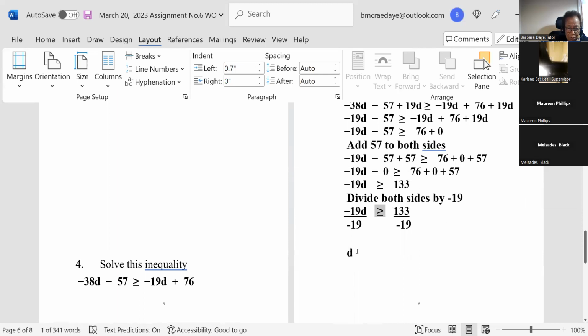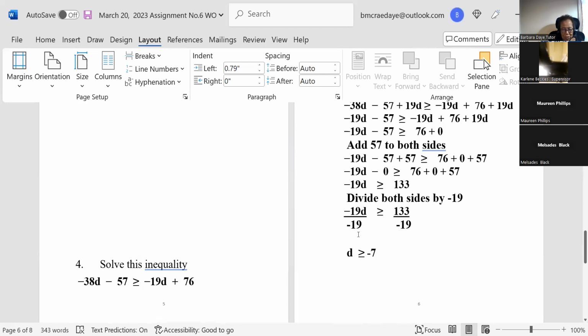And what's 133 divided by minus 19, Mercedes? 7. Plus or minus? Minus. Minus, very good. So that would be a minus 7. But we divided by a negative. So what do we do when we divide by a negative? We're going to flip the sign.